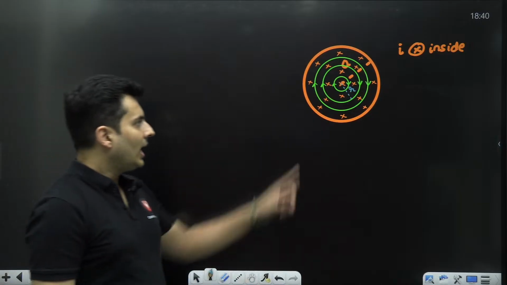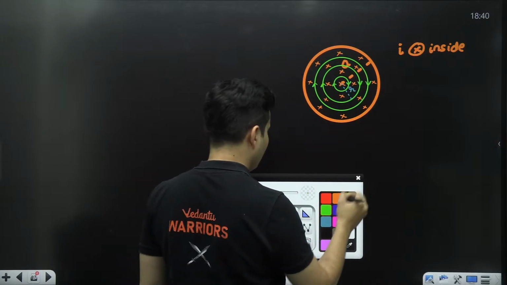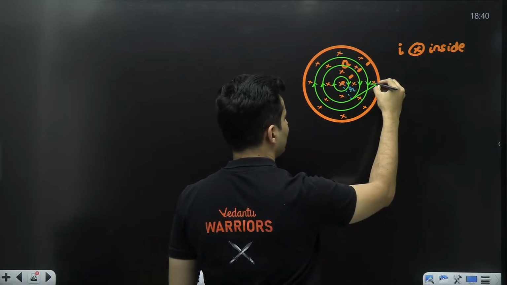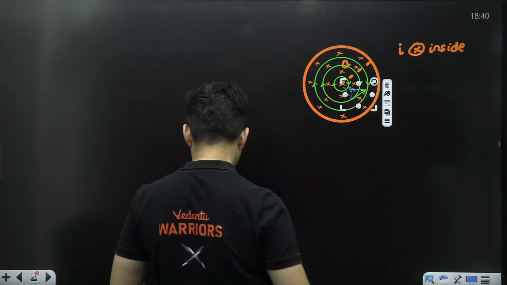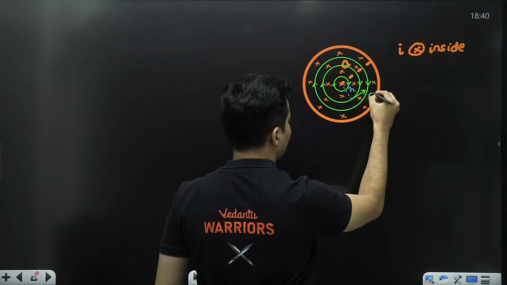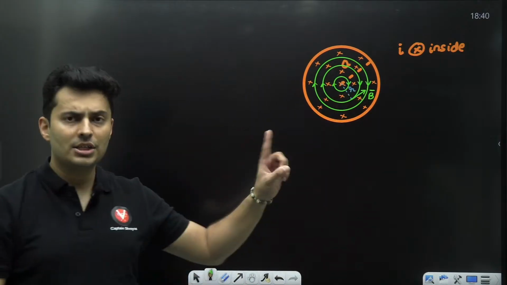Now at that particular point, obviously the magnetic field will be tangential to the circle. So the magnetic field will always be like this, correct? That is your magnetic field vector. Everywhere it will be tangential along the circle.